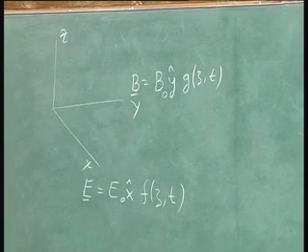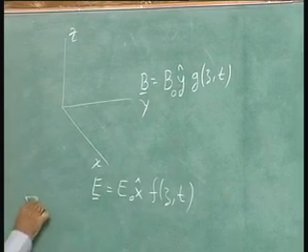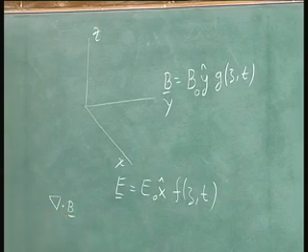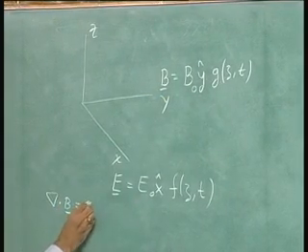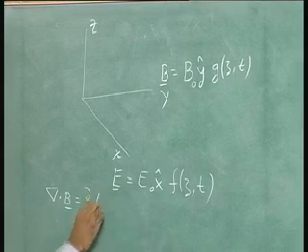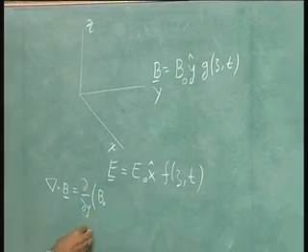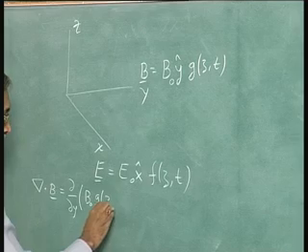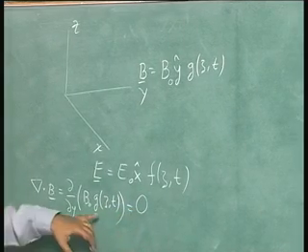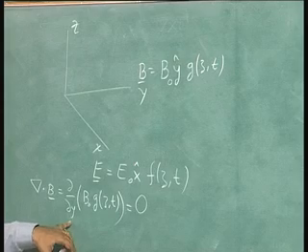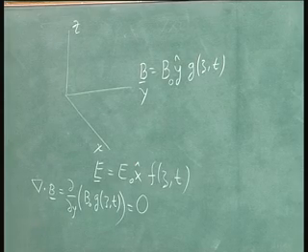and see what comes of having such fields. So, if I take divergence of B, the direction of B is y, so it is equal to del del y of B naught times some function g of z, t, which is equal to 0, because g is a function of z and I am taking the derivative with respect to y.